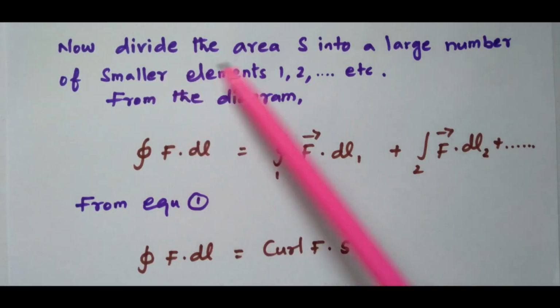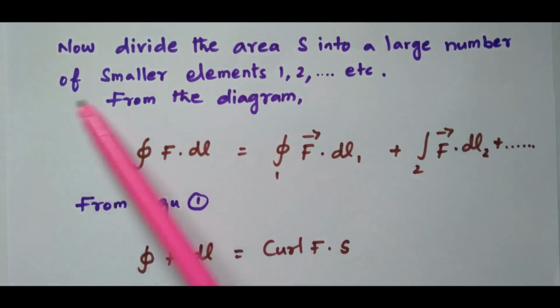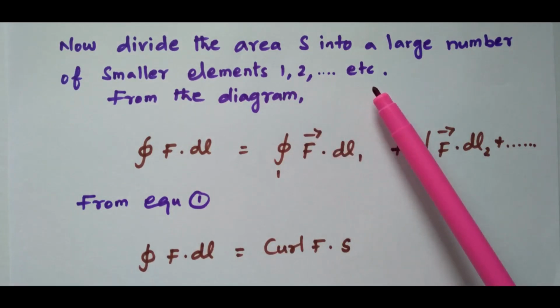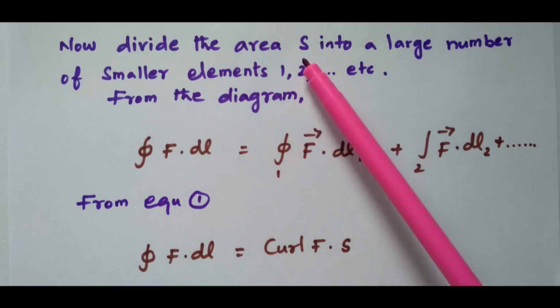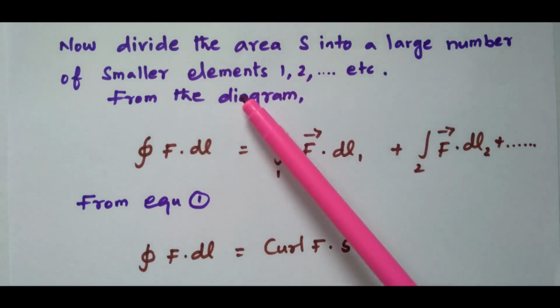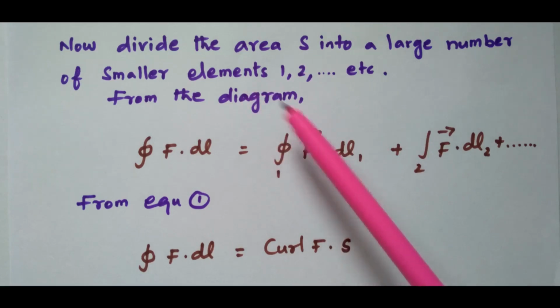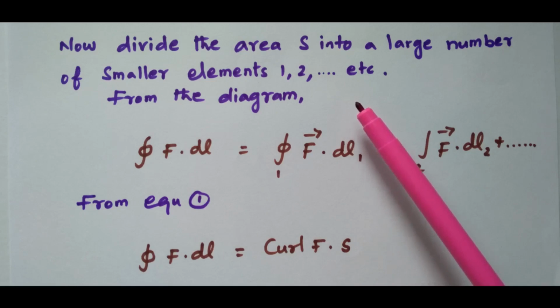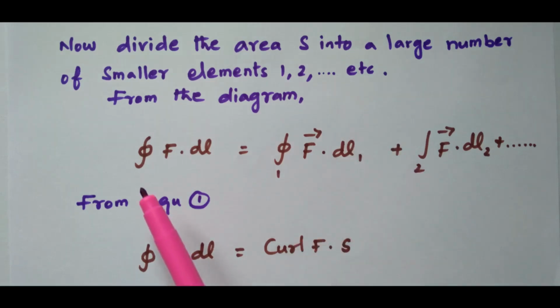Now divide the area S into a larger number of smaller elements 1, 2, 3, 4 up to etc. So we have the area S that is split into a large number of small elements. In our diagram we show 4 elements. So from the diagram we can write the integral of F dot dl equal to the integral of F dot dl1 plus the integral of F dot dl2, and so on, 1, 2, 3, 4.